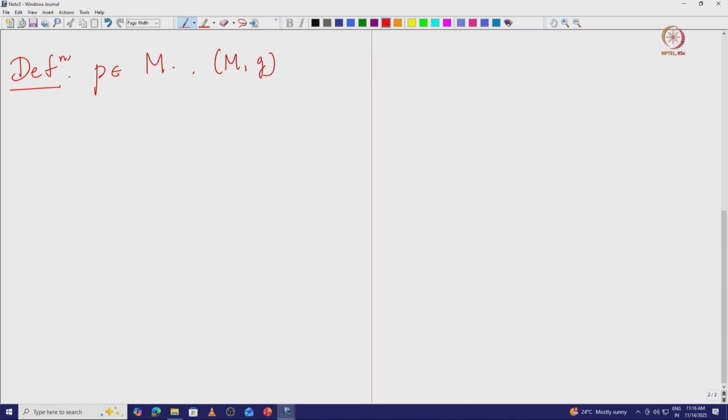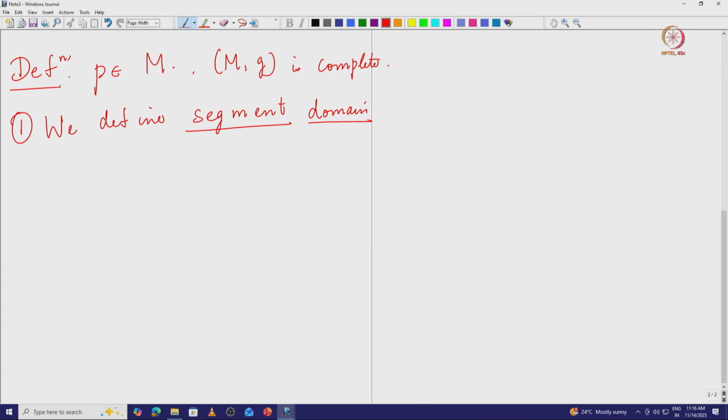I am not going to keep repeating this, but we are only looking at complete manifolds for now, actually for the rest of the course. Then we define the segment domain in the tangent space by the following.